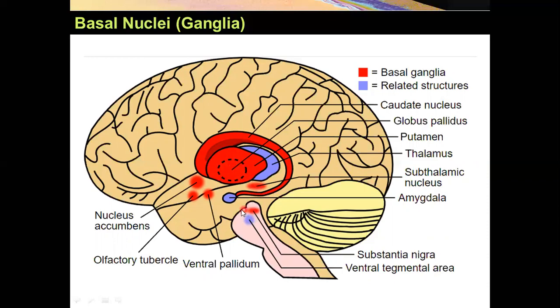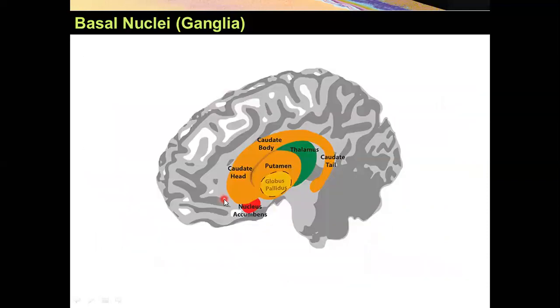Here there is also the substantia nigra and the ventral tegmental area, amygdala. Okay, we see the basal nuclei with the nucleus accumbens, globus pallidus, putamen, head of caudate, body of caudate, and tail of caudate nucleus, and the thalamus, which has a very close relation or association with the basal nuclei.